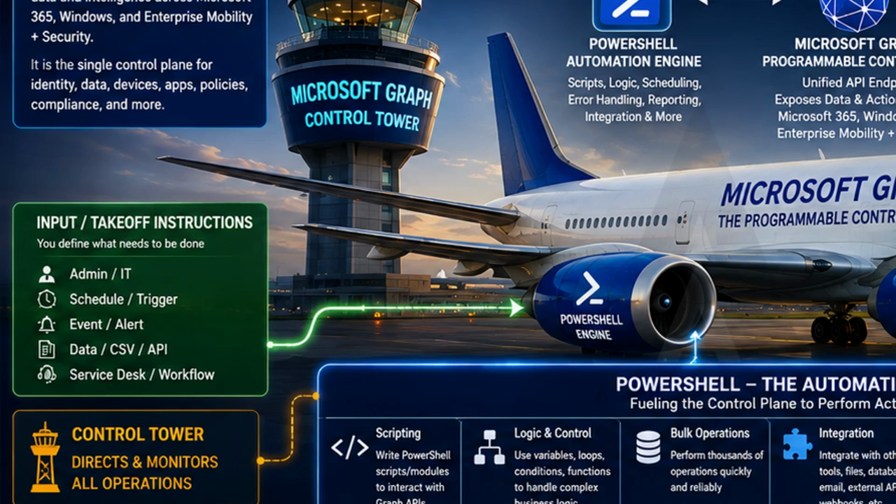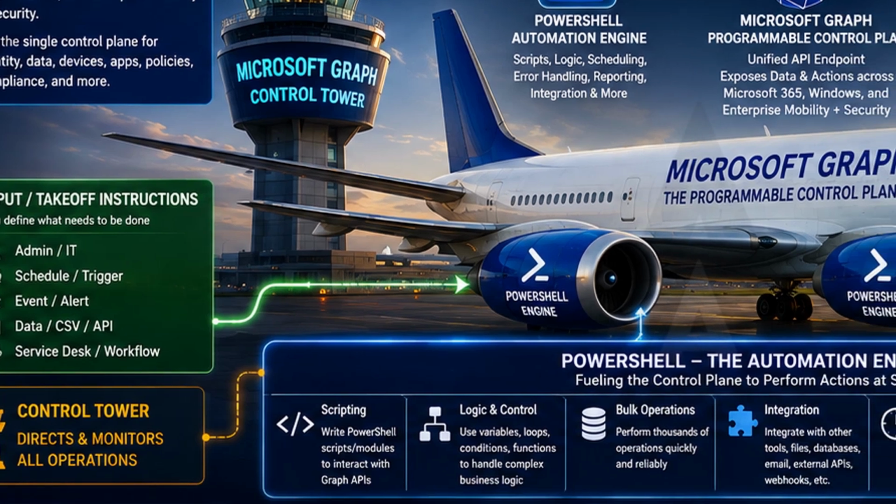Also, there will be some false alerts and some positive alerts. If you want to collect data or convert it to CSVs, you want to connect to APIs, and all these APIs can also talk to Microsoft Graph API, right? Or if you want to create a service desk workflow, you can do that too. So all this input will be taken by these people.